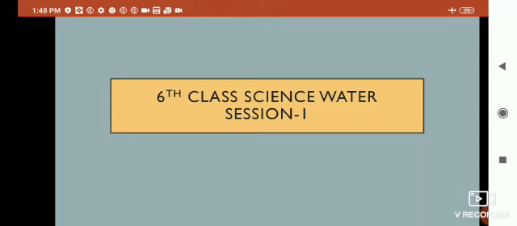Children, today we are going to learn about your new chapter 4, that is water. Let us see what the learning outcomes of this lesson are. After the lesson, you will be able to recognize the source and availability of water, understand the importance of water, explain the process of water cycle, and draw a labeled diagram of water cycle.